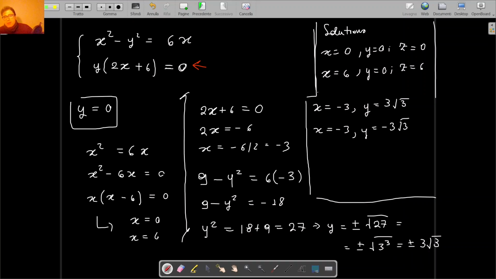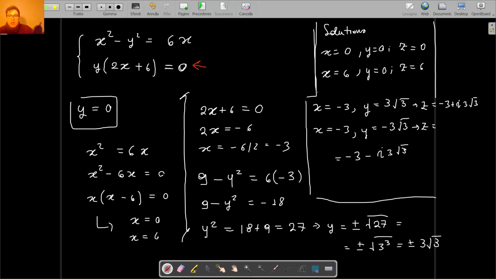Then as a complex solution, this can be written as z is equal to minus 3 plus i 3 square root of 3, and this other one is z is equal to minus 3 minus i, which multiplies 3 square root of 3.